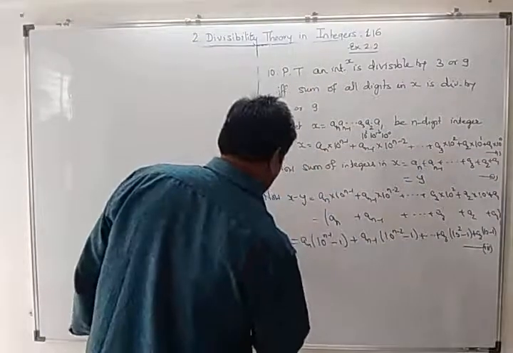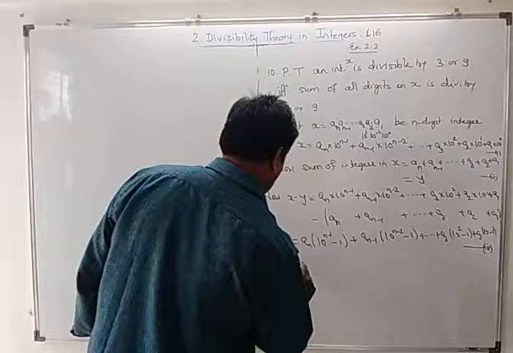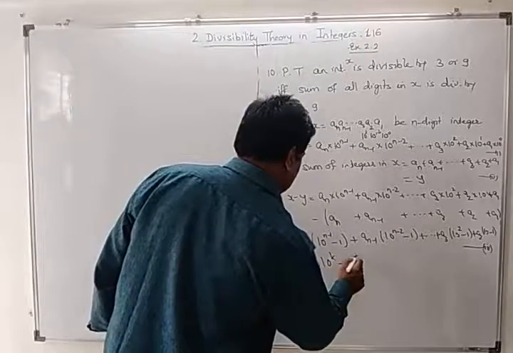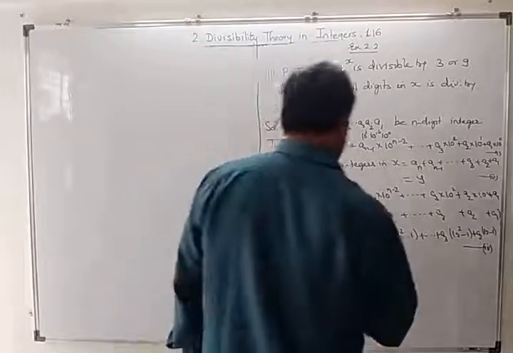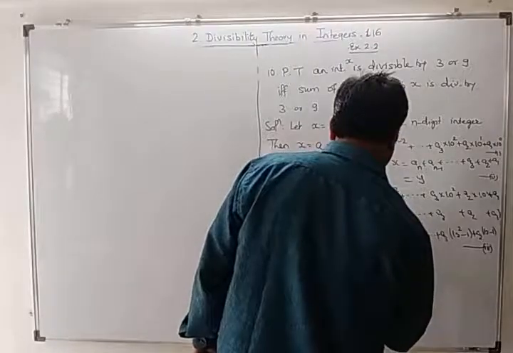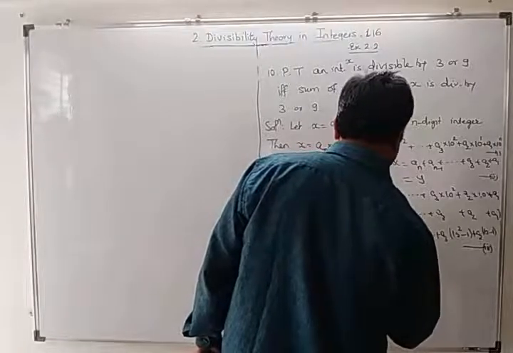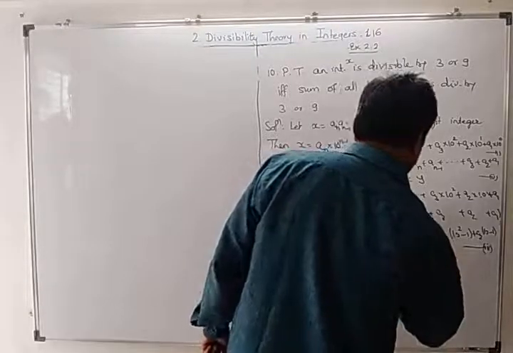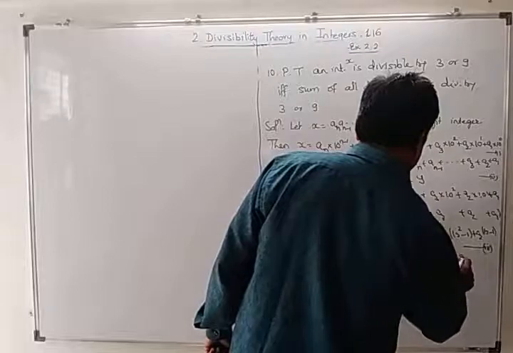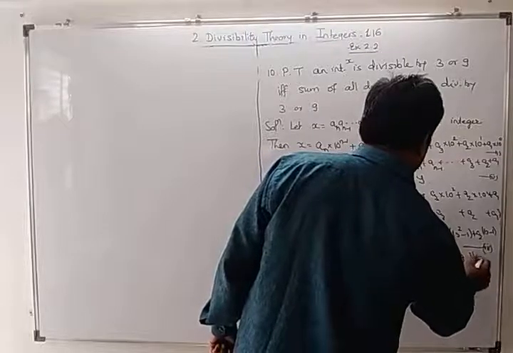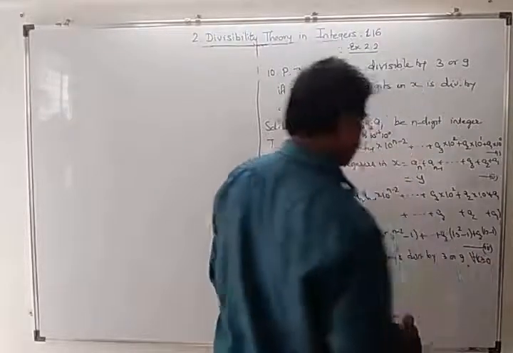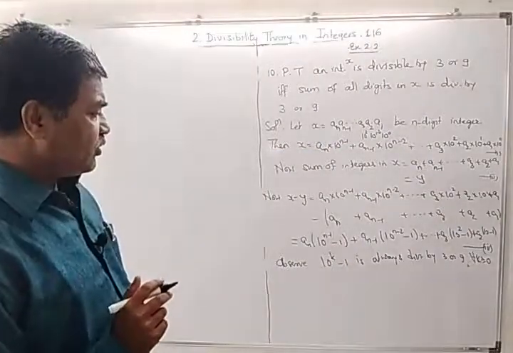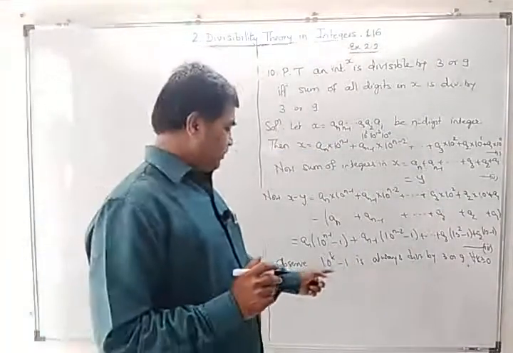Observe that 10 raised to k minus 1 is always divisible by 3 or 9 for any k greater than or equal to 0. Is it clear?